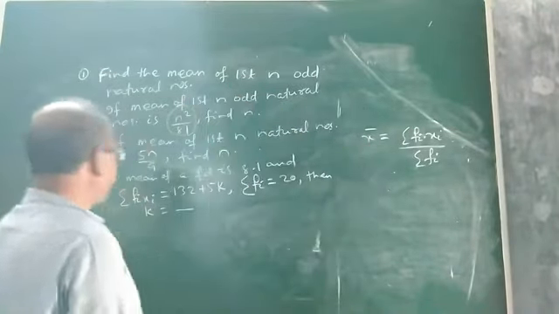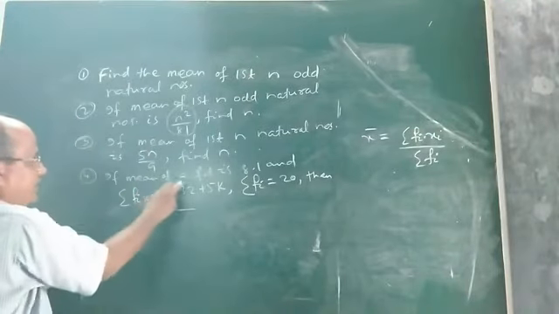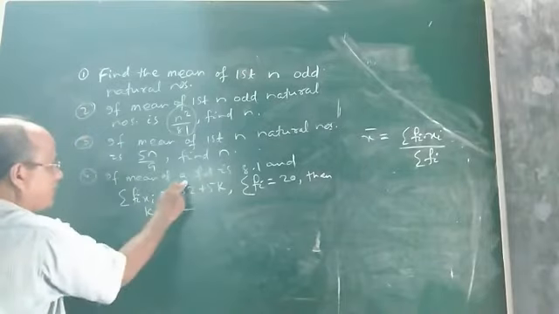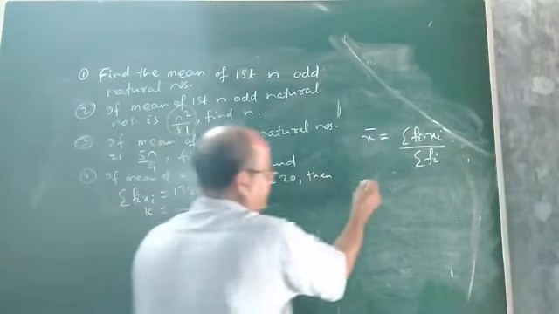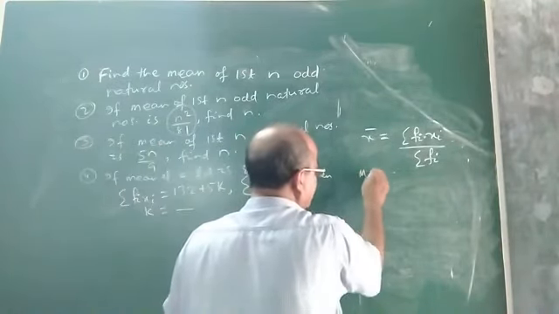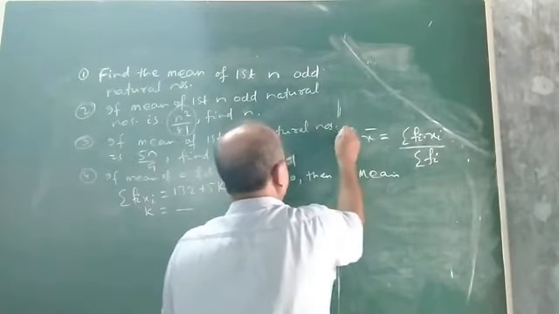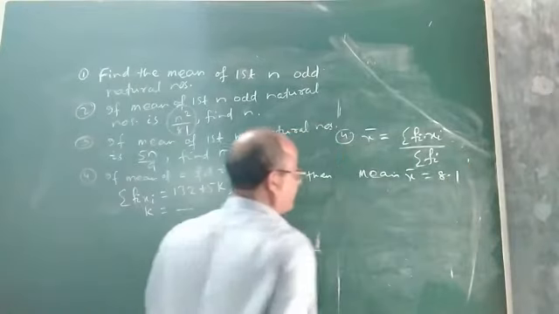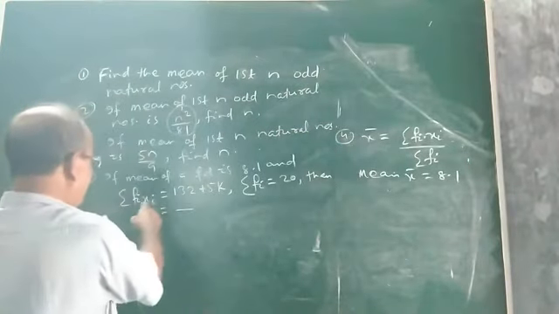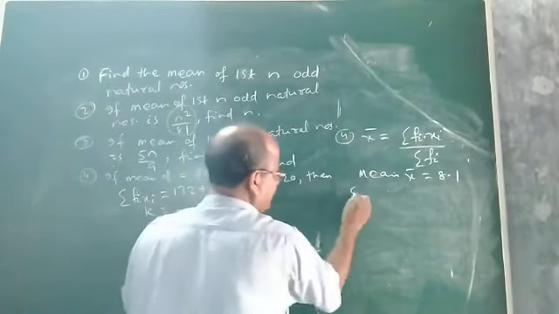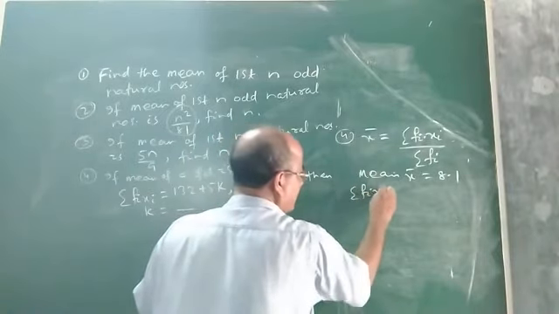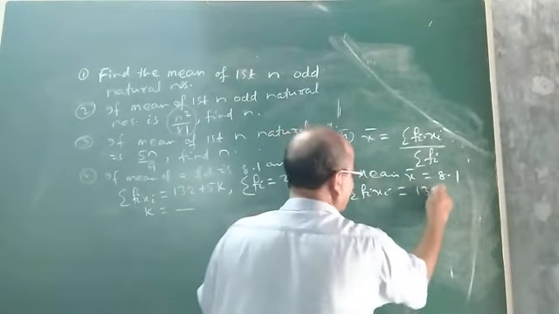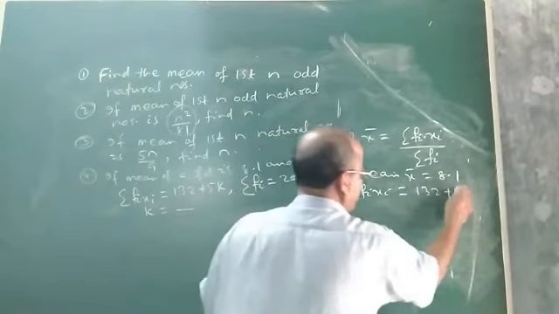In this question, suppose the mean of a frequency distribution is given. Look at question number 4. You are given mean x bar equal to 8.1. And you are given summation of fi xi equal to 132 plus 5k.